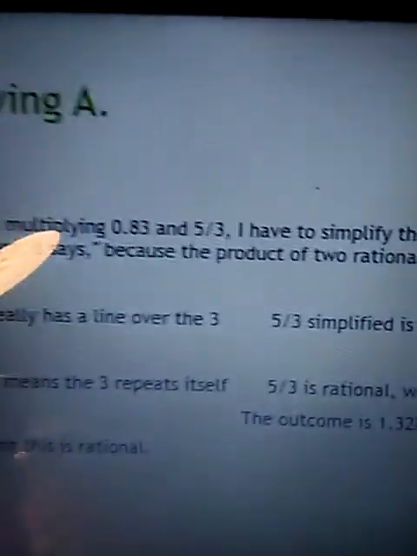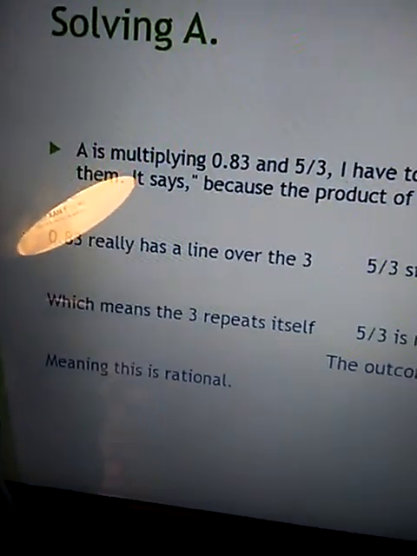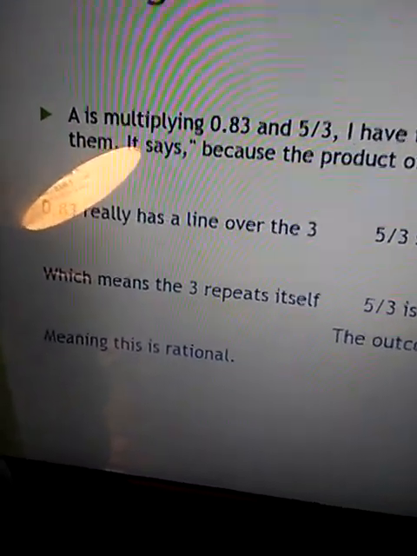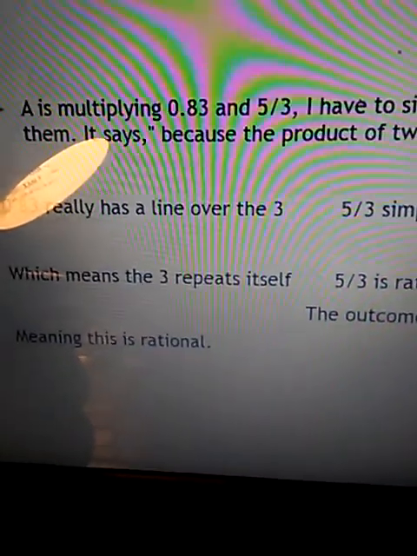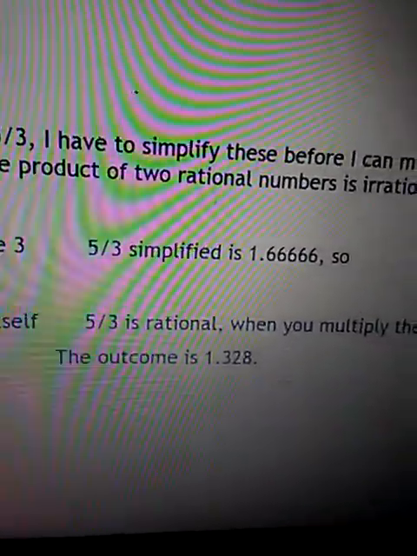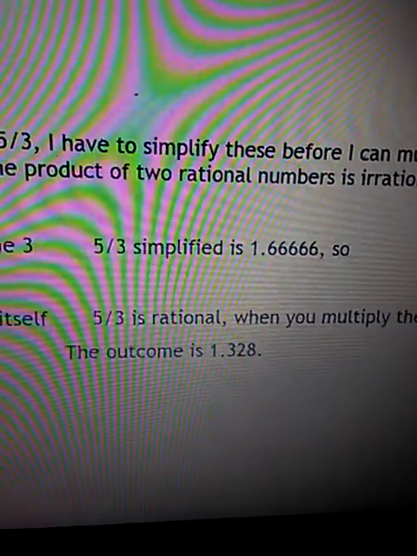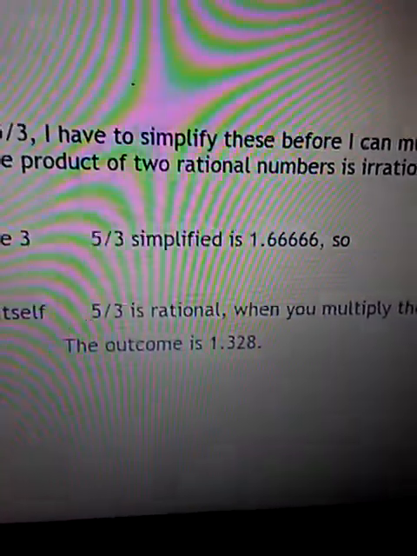So 5 over 3 does repeat itself. As I said, 0.83 really has a line over it, meaning the 3 will repeat, and this is rational. 5 over 3 simplified is 1.6666, continuing. So 5 over 3 is rational.